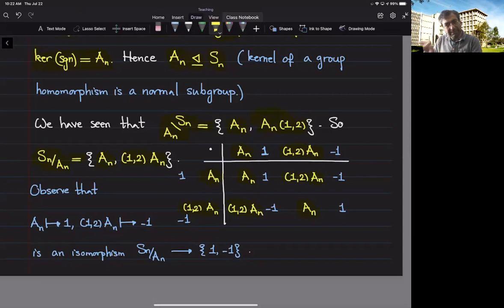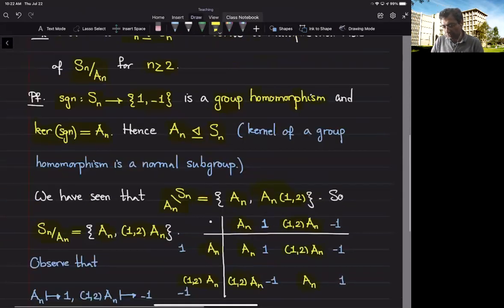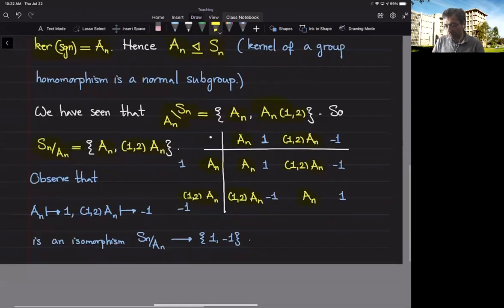Now let me write down the multiplication table of this group as well. The multiplication table of that group, I write down, you see, A sub n was the identity, so I put the identity of the codomain purposely beside A sub n, and the other element beside the coset that's represented by (1 2).